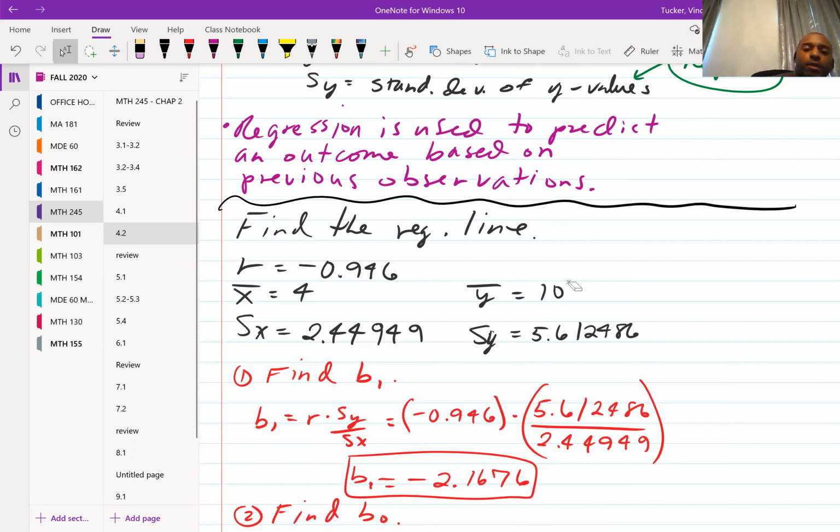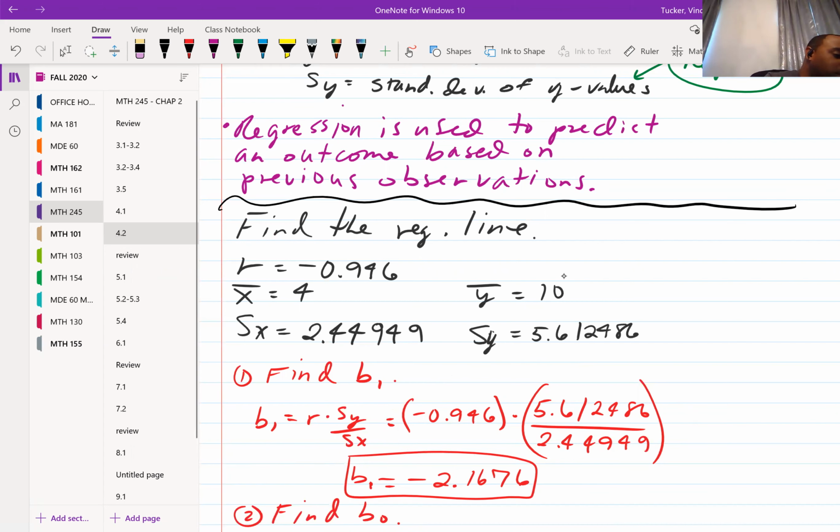So we find B1 first, and that's R times S sub Y over S sub X. And that's this substitution right here. And when you do the math, you get negative 2.1676.